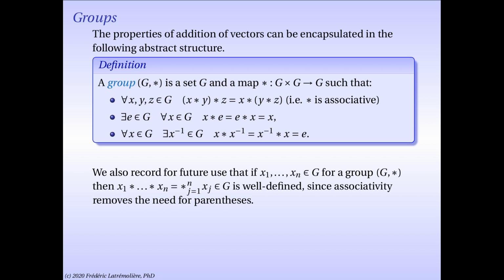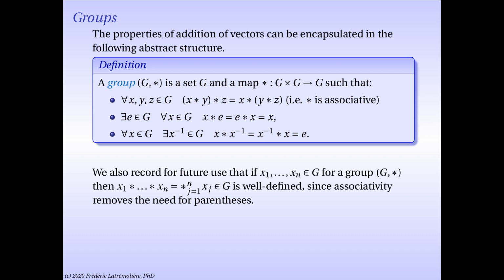Now, as a little notational detour, I want to record the following. If you look at what associativity tells you, in some ways associativity tells you how to apply the star operation to three elements. Star operation only applies to two elements at a time, but associativity tells you that if you have three elements, there is an identity between the two natural ways you could possibly apply the star operation to all three of them.